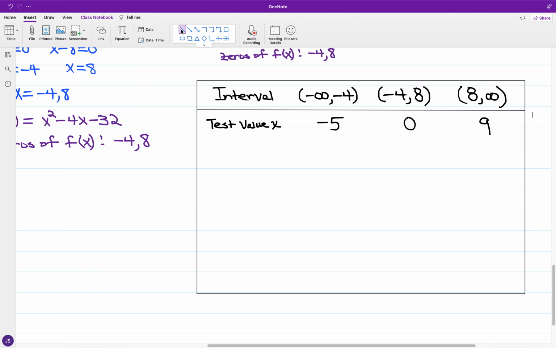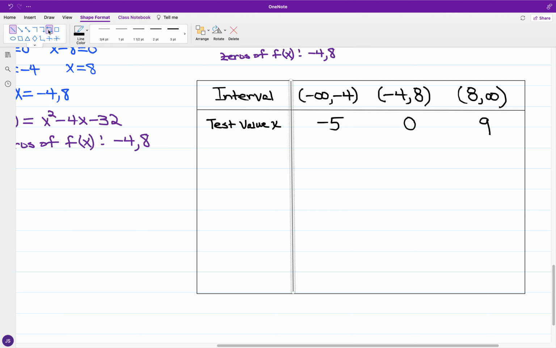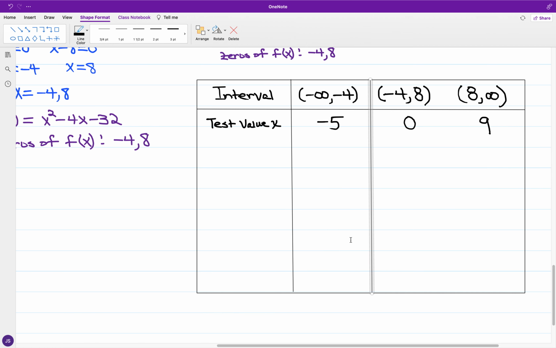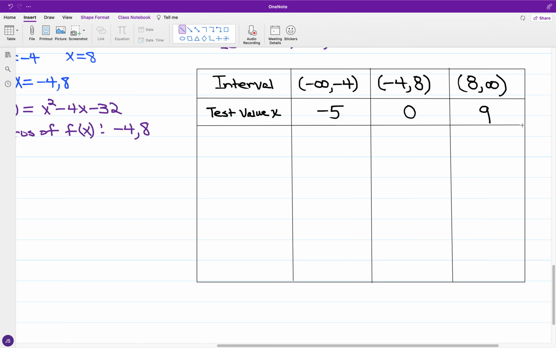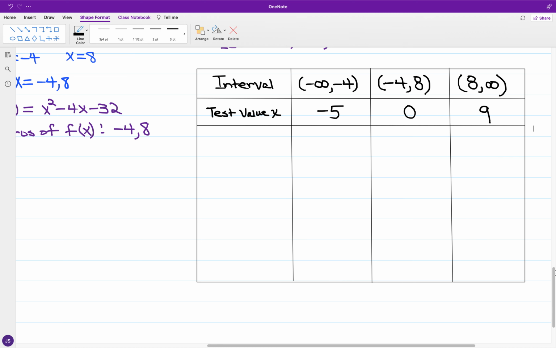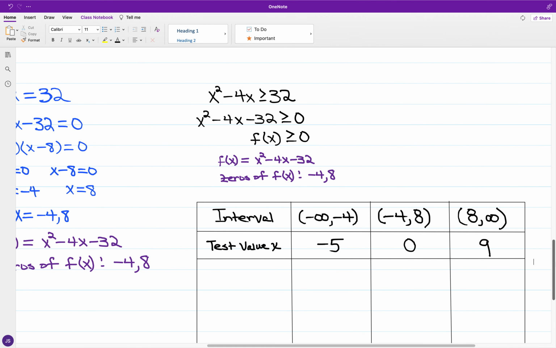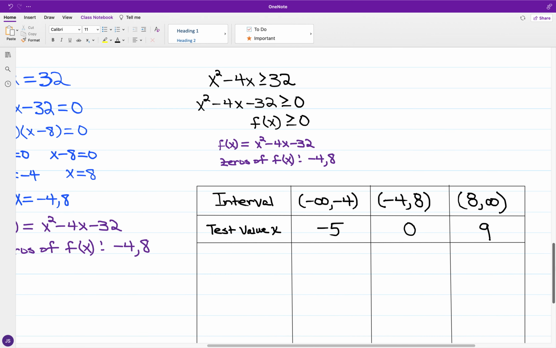Now once again, separating into rows and columns. We got our tested value x, and now looking at the sign value of the resulting f of x.